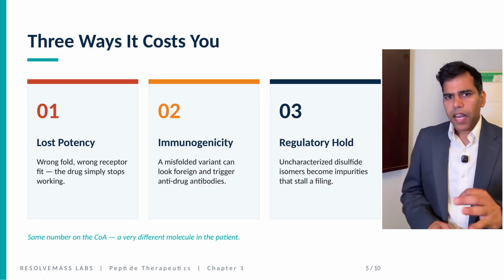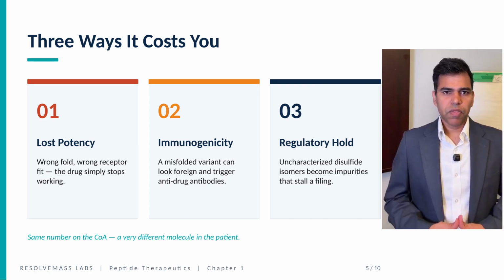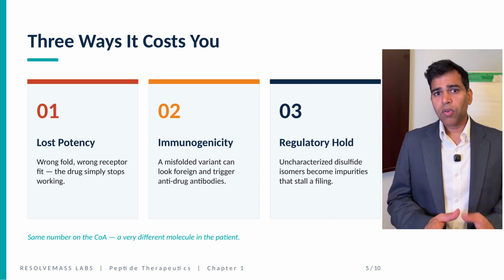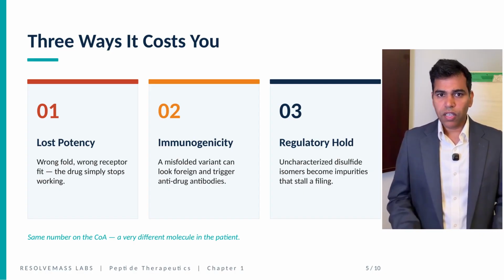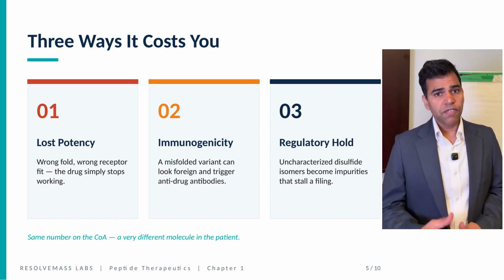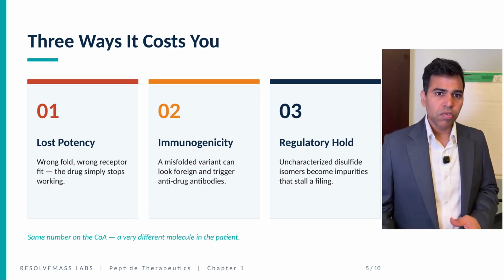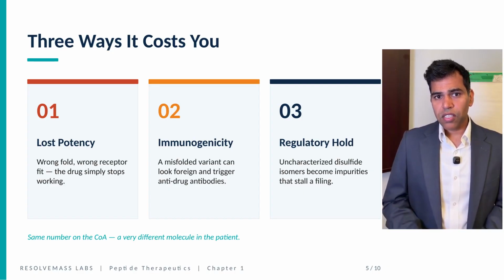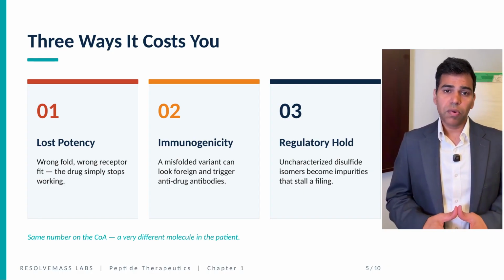A mispaired disulfide bond costs you in 3 concrete ways. First, potency. The wrong fold means the peptide no longer fits its receptor, so the drug simply stops working. You have made an inactive impurity. Second, safety. A misfolded variant can look foreign to the immune system and trigger anti-drug antibodies, the immunogenicity risk every biologic team worries about.